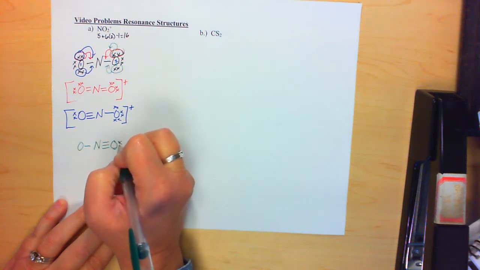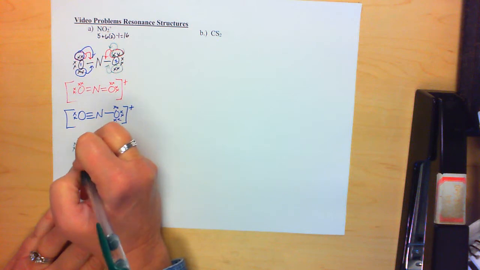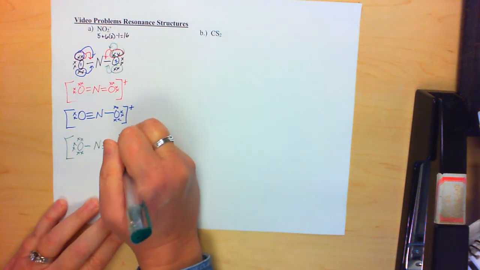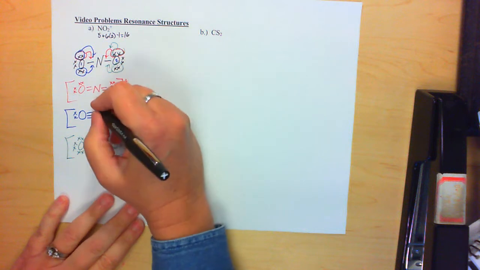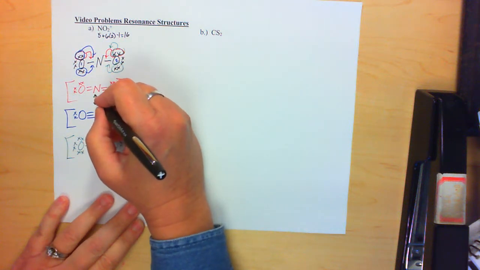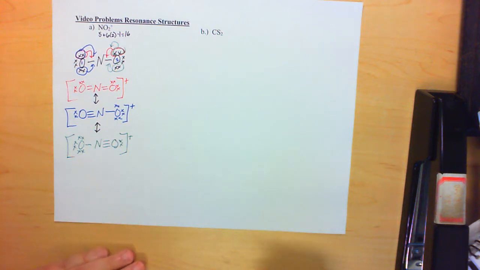I'll have the lone pairs there, there, there, there. Now, again, it's a charged species, so we've got to put the charge on it. And so we'll look at it and say, all right, these are all 3 resonance structures, which we use to determine which one is best.